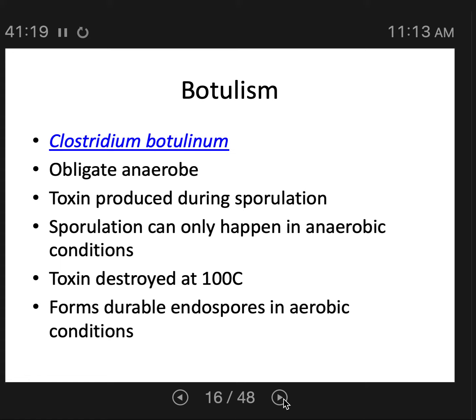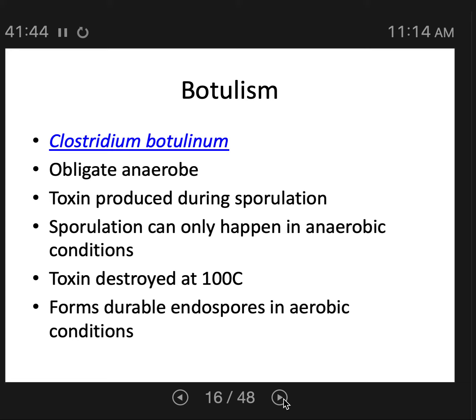So if the soil bacteria accidentally gets dug up, it's floating around in the air, in the dust in the air, it's formed an endospore because now it's in oxygen-filled conditions that aren't good for it. Then it settles into a can, like the can of tomato sauce, before the can gets sealed. Now the can's heated up to commercially sterilize it.